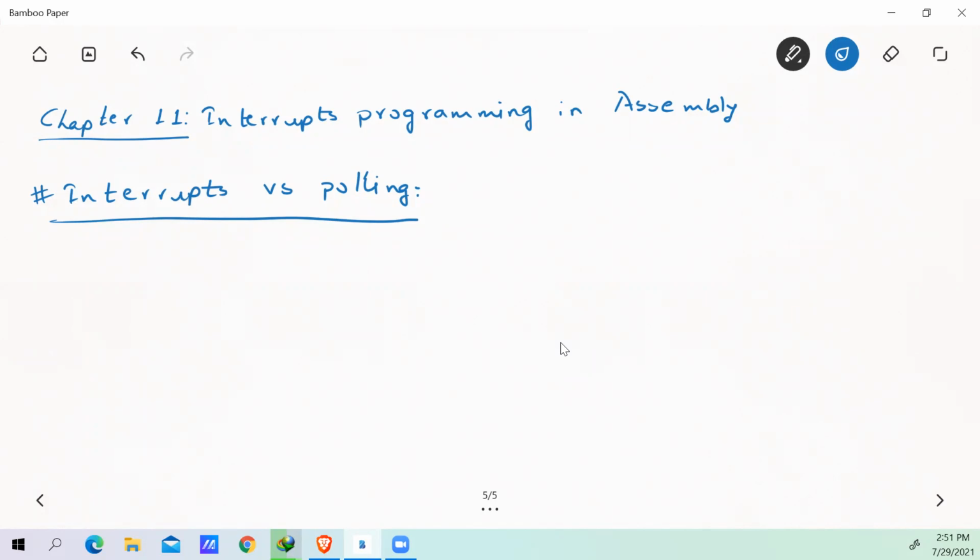If you want your microcontroller to act on interrupt, then that is known as interrupts. If you want your microcontroller to keep polling, it will keep polling. It is up to the user. Your microcontroller can do both things. If you want it to respond to an interrupt, it will do that.